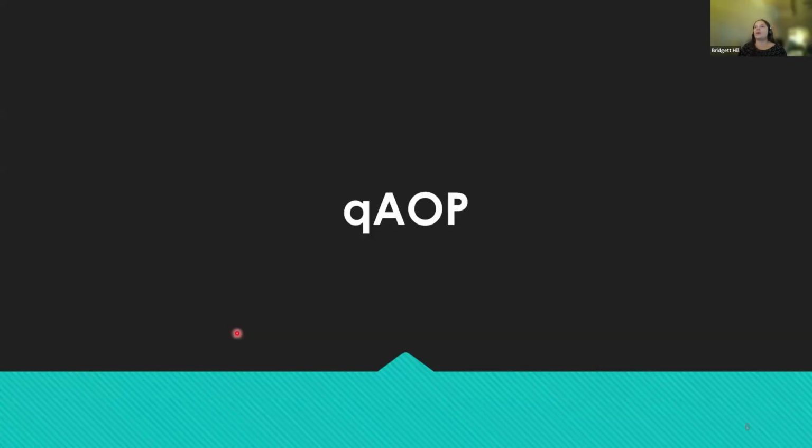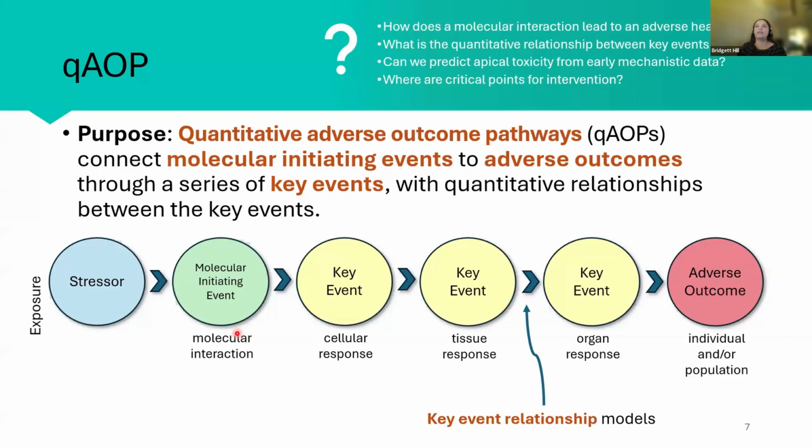So now I am going to start focusing on one specific in silico approach, which is quantitative adverse outcome pathways. So the audience, you may all be familiar with a traditional adverse outcome pathway or an AOP where you have a stressor such as a chemical interacting with a biomolecule, creating this molecular initiating event that leads to subsequent key events across multiple levels of biological organization, ultimately leading to an adverse outcome.